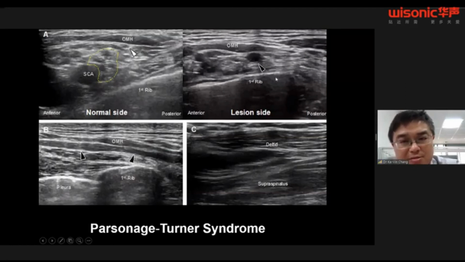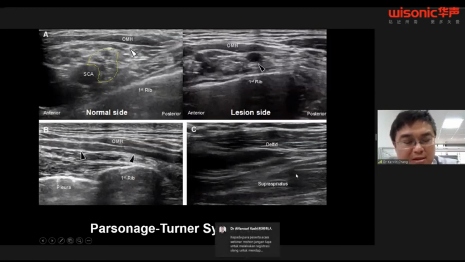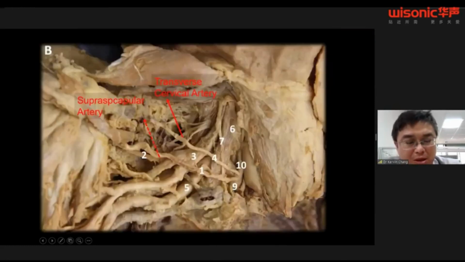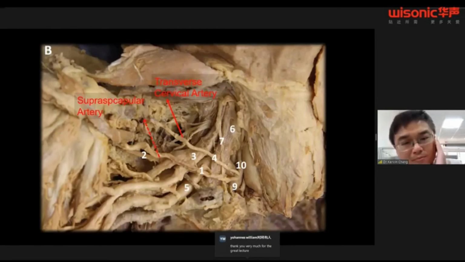If you include all the branches together, it increases the overall cross-sectional area of the nerve. If you are interested in the distribution of the normal suprascapular nerve from the neck to its distal insertion, you are welcome to download this article.